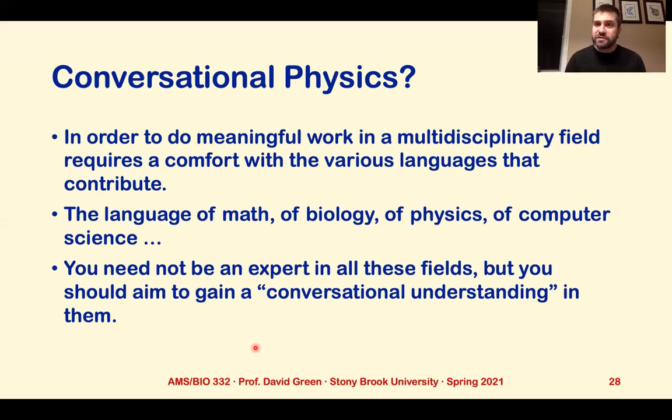If, say, you're a biologist, have enough of an understanding of the math, of physics, of computer science, that you can speak to somebody who's a mathematician, speak to somebody who's a physicist, speak to somebody who's a computational scientist, and both explain your problem in language that they can understand, and understand when they try to describe how they might understand your problem or would want to try to tackle such a problem, right?